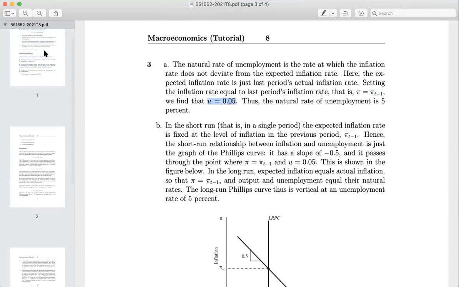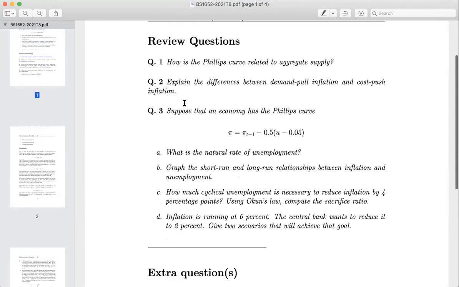So that's the first point in this question, which, as you see, is very straightforward, so it's not really difficult to find out. The main point here is that at the natural rate of unemployment, these two will be the same.